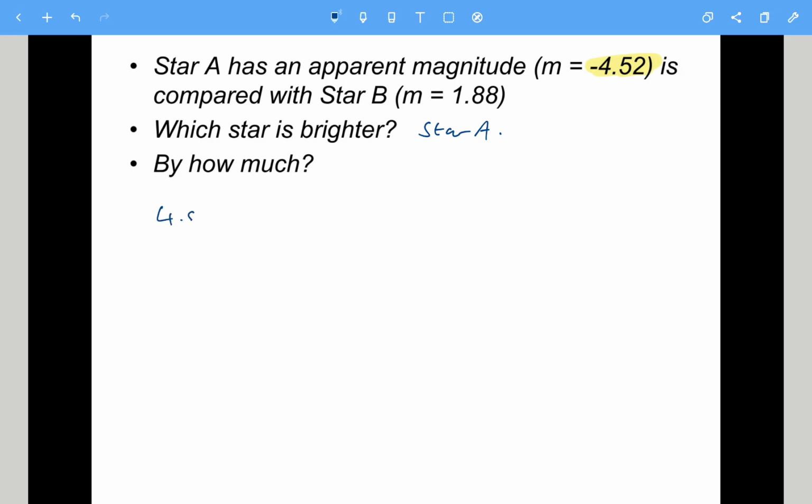So you've got 4.52 plus 1.88, which gives us a difference of 6.4, and then use the application of Pogson's law, 2.5 to the power of 6.4, which gives us 352 times brighter. So star A is 352 times brighter than star B.